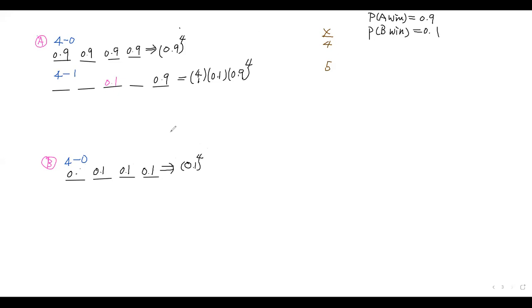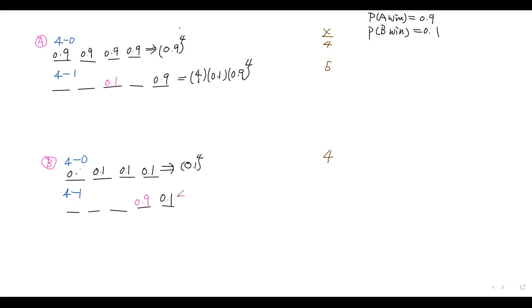So the same things here, if it's 4 to 1, this one here is 4 games, right? So 4-1, you can do the same thing. You can say 5 games, 1, 2, 3, 4, 5. All right, so winning is what? Winning is 0.1. So you need to add up one loss, so it's 0.9, right?